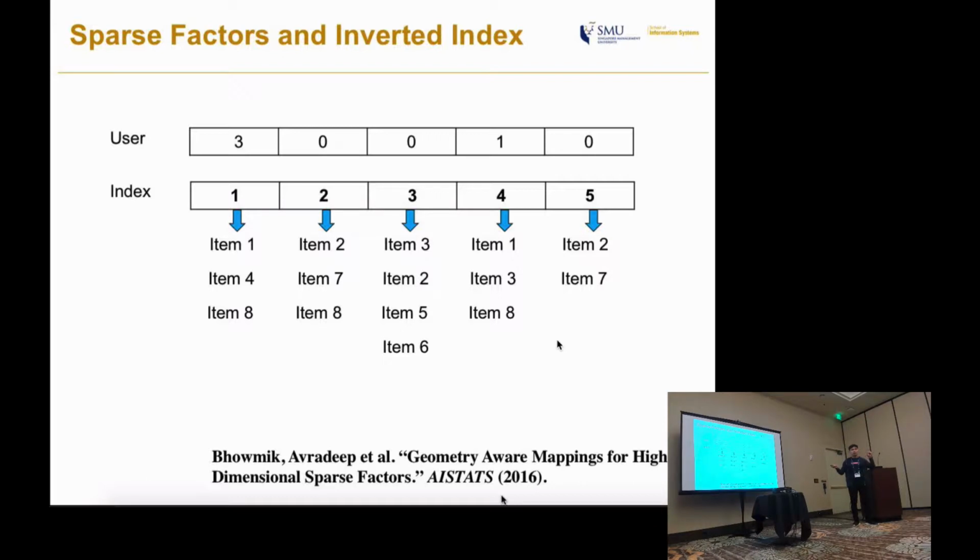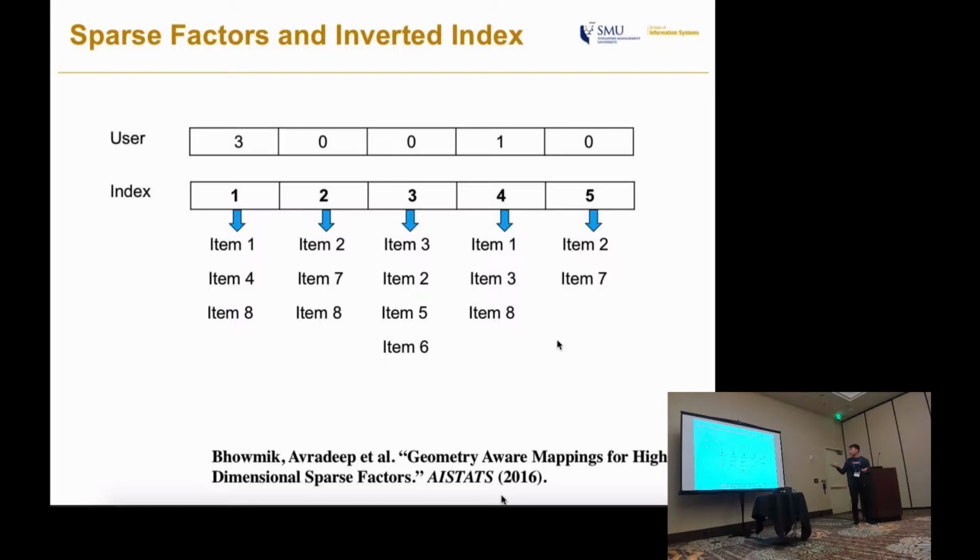First you consider the first coordinate of the sparse vectors, and then you just list down all the items that have non-zero value in the first coordinate. Similarly, you perform the same thing for the second coordinate towards the last coordinate.